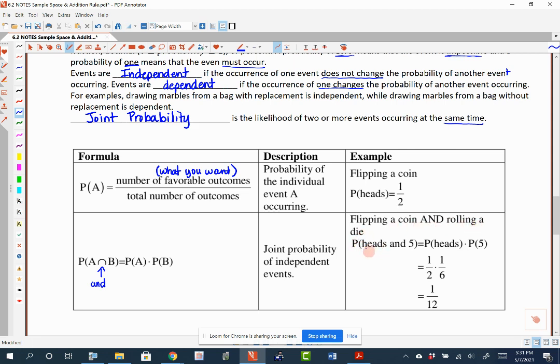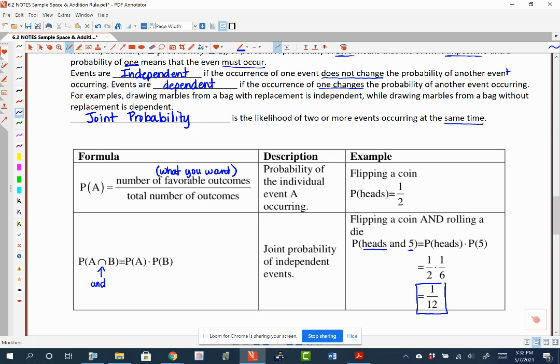So what's the probability of getting a heads and a 5? Well, the probability of getting heads is 1 out of 2. There's 1 head out of 2 possible outcomes, head or tail. But on a die, if I'm going to roll a die, there's only 1 way I can get a 5 out of 6 total sides on a die. So I end up with 1 out of 12 ways that both a head can be flipped on a coin and I can roll a 5 on a die.